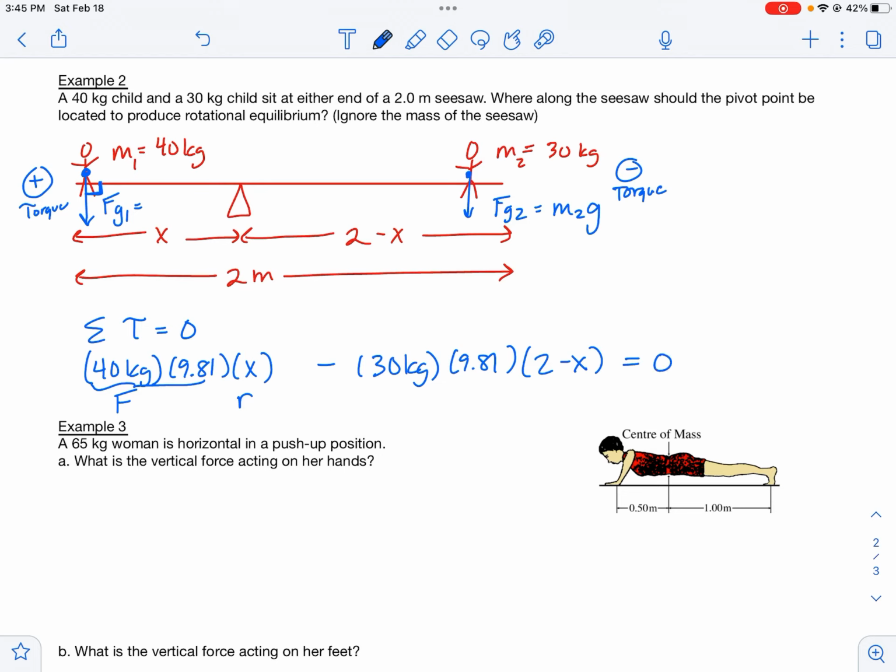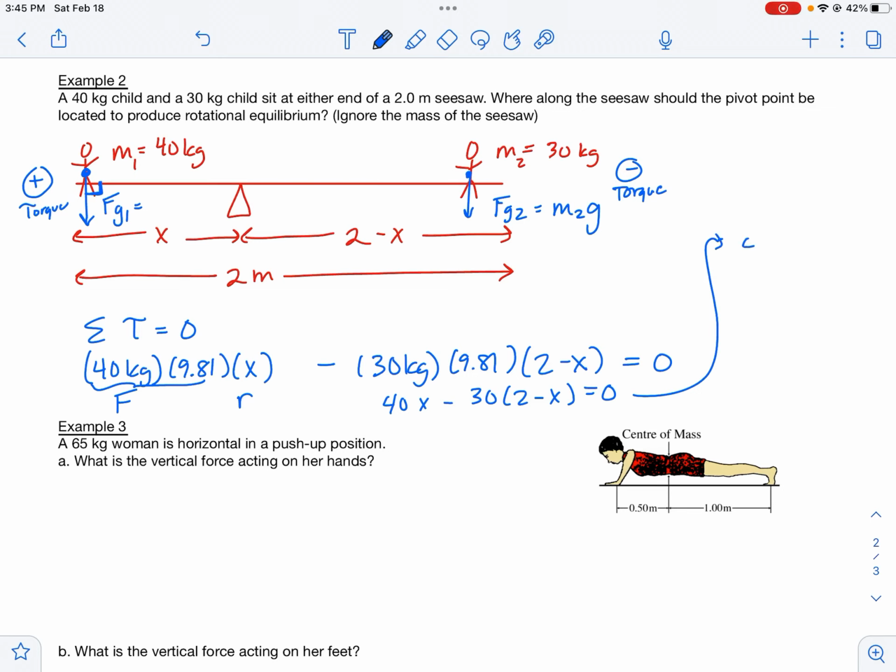So now it's an algebra problem. You may notice that the 9.81s you can factor out and cancel. So I have 40x minus 30 times 2 minus x equals 0. I'll come up here where I have more room.